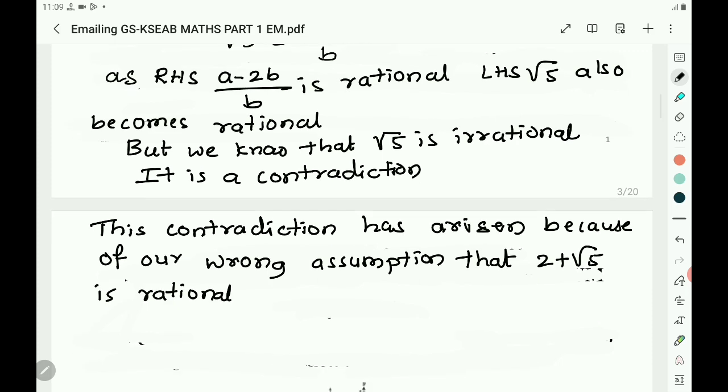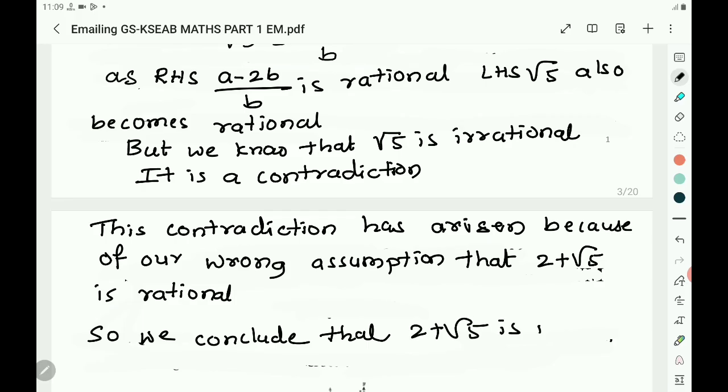So we conclude that 2 plus root 5 is irrational.